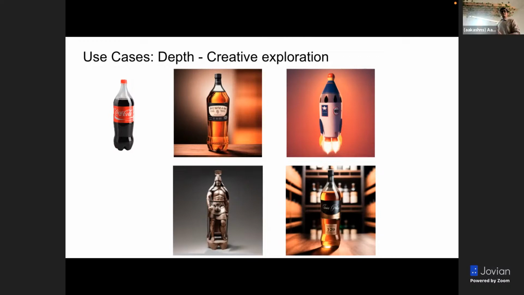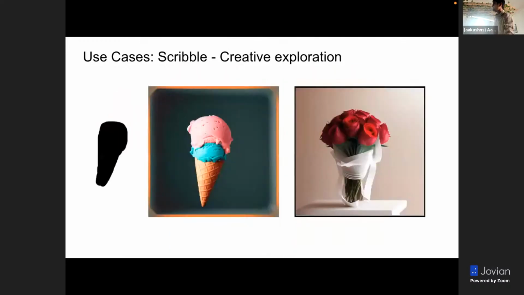This basically means that now you can use any custom arbitrary shape, any real world shape, or let's say if you are working in Blender or any 3D tools, you can use those shapes from that angle and then nudge the model to generate anything which looks very photorealistic and which looks very real. So for any creative use case also, the depth model could be used.